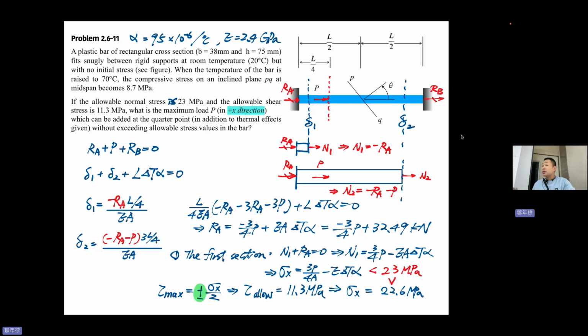And yesterday, some students asked about the cutting position. Actually, whether I cut here or here or here, within section 1 they are all the same. The result will be the same because N1 will always be the same within section 1, and N2 will be the same within section 2.